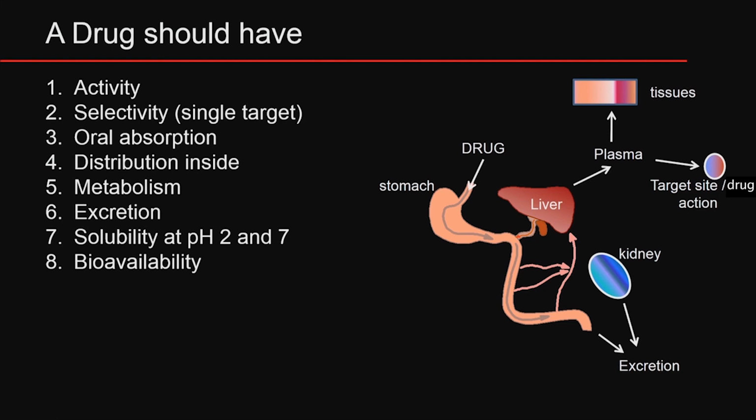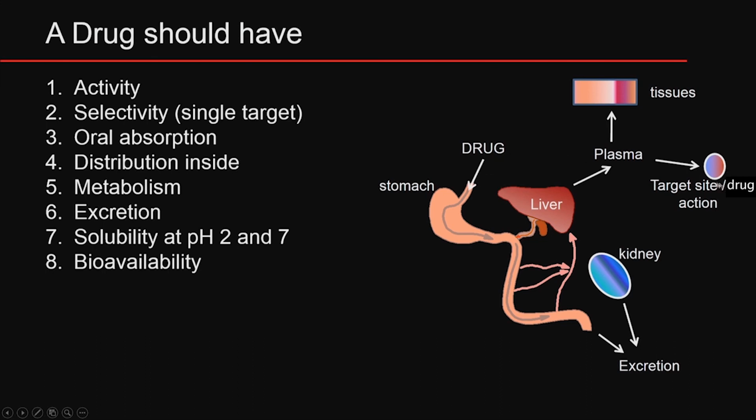For example, I have a fungal infection in my foot. So the concentration at that foot should be higher so that it kills the fungus. So I take an antibiotic, but the antibiotic goes through all these processes. Some of it gets absorbed, some gets excreted, some gets metabolized in the liver and goes away as urine, some might get absorbed in my tissues, and so if the concentration reaching my foot is less than the minimum inhibitory concentration required to kill the fungus, whatever I have taken is of no use.